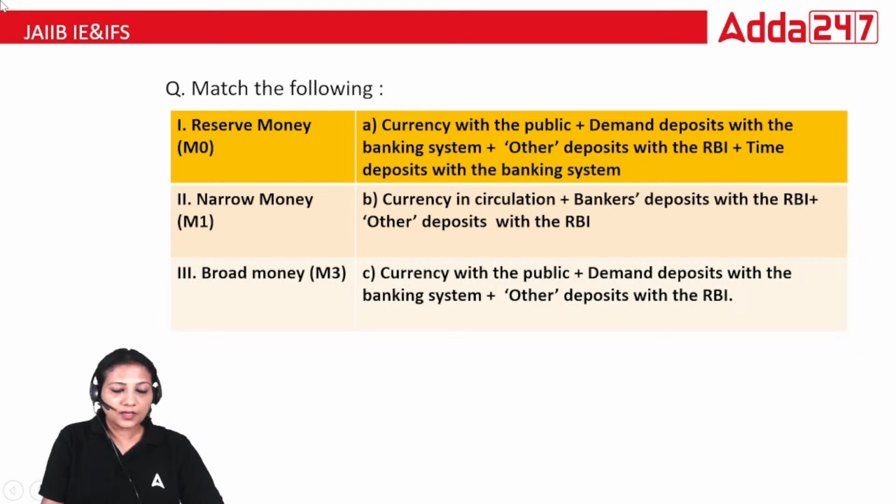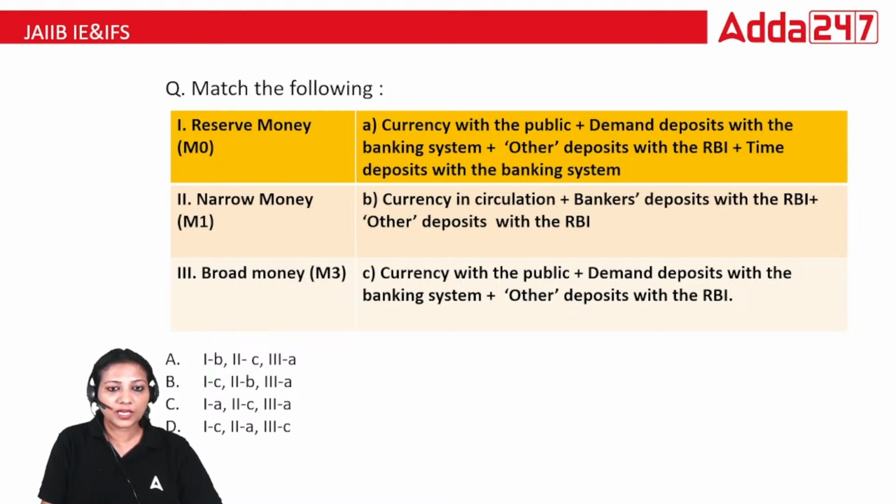So let's see what are the options. Option is 1B, 2C, 3A, 1C, 2B, 3A, 1A, 2C, 3A, or 1C, 2A, 3C.